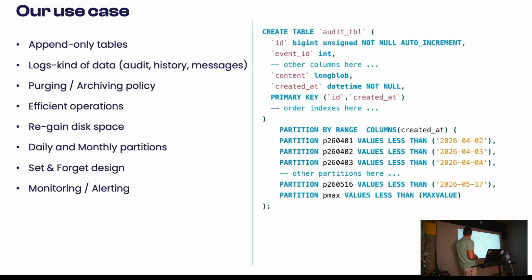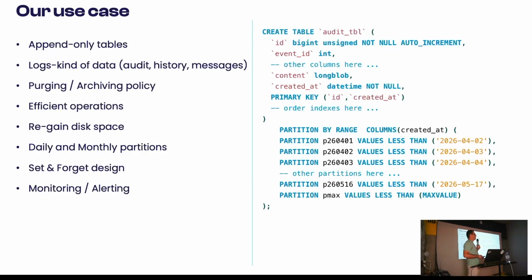We needed to provide daily and monthly partitions for different kinds of tables depending on the logic and content that we are using there. And as I said, we want to have a set and forget design. So you do this once, you set up all the rules, you put the automation in place, and you want to forget about it. And you want to have some proper monitoring or alerting in place.